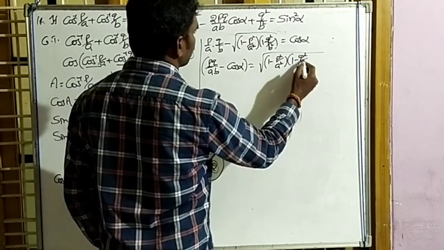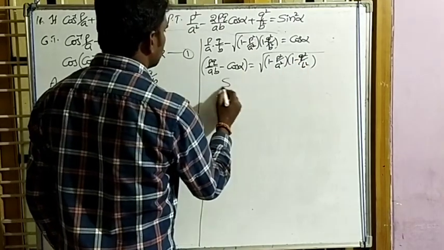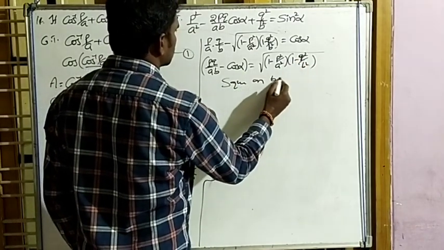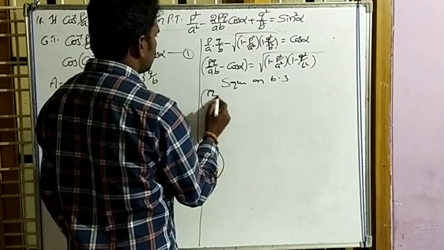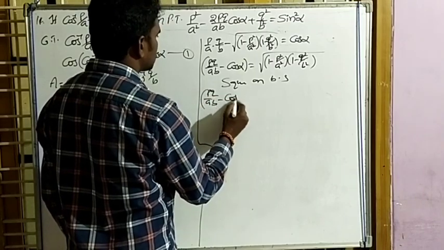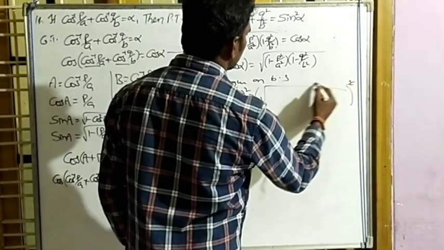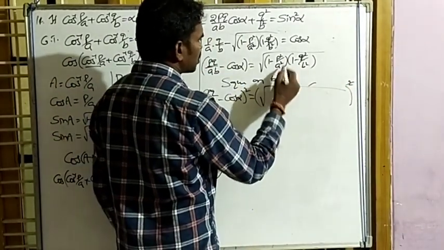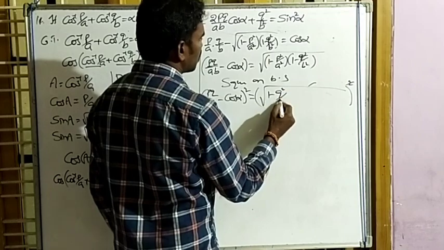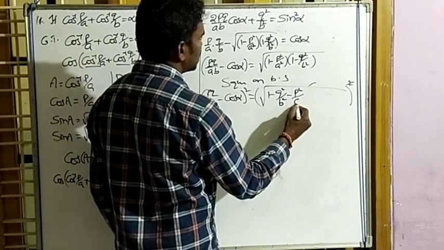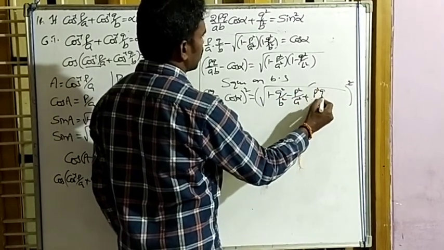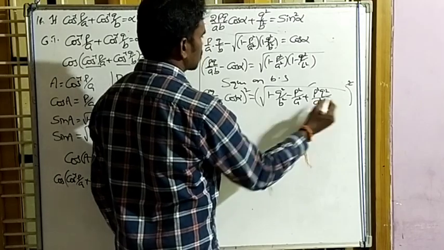Next, squaring on both sides. So (pq by ab minus cos alpha) whole square is equal to the root whole square, the root cancels. In the middle, simplification: 1 into 1 is 1, minus q square by b square, minus p square by a square, plus p square q square by a square b square.